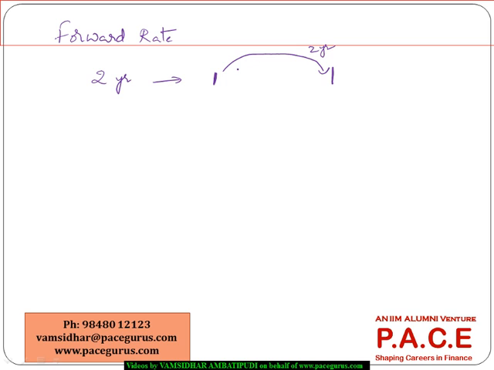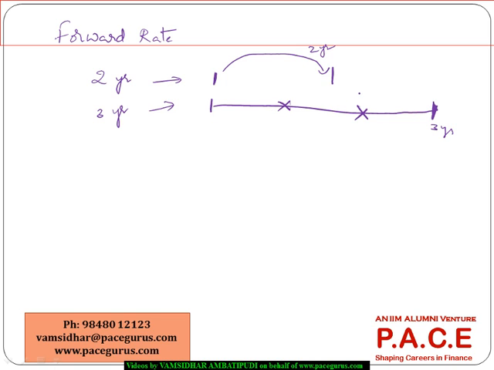Then what is that annualized interest rate for this 2-year period? Similarly, when I talk about a 3-year spot rate, I am depositing something now, getting something at the end of 3 years, no intermediate payments. Then what is the annual interest rate that is applicable over this 3-year period? Now, these are the spot rates that are available.